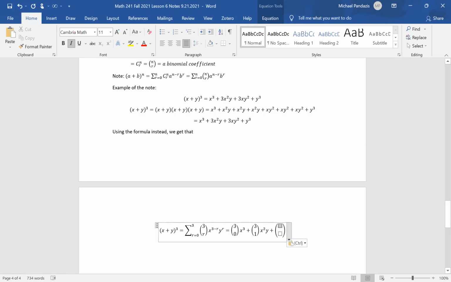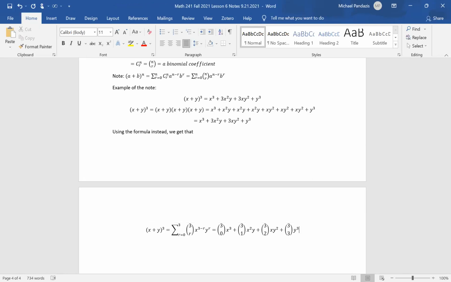Plus, when r is 2, you get 3C2 times x to the 3 minus 2, which is x to the first, which is x, times y to the r, which is now 2, so y squared. And plus, when r is 3, you have 3C3. And so x to the 3 minus 3 is x to the 0, which is 1, and you have y to the r, which is 3. So you get this sum.